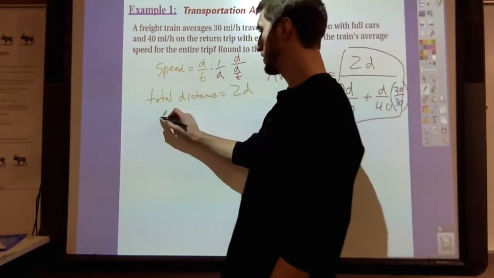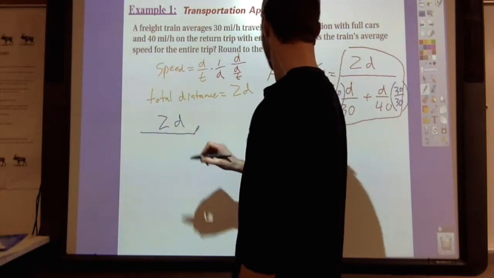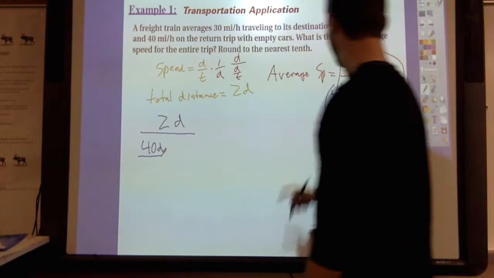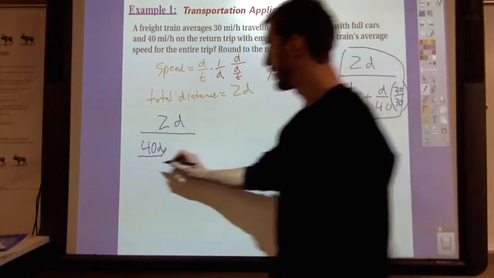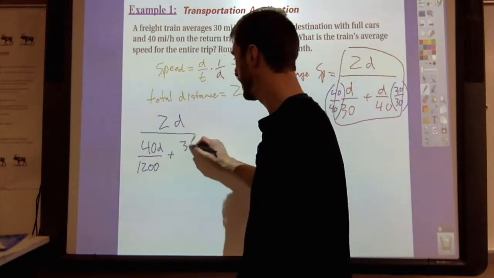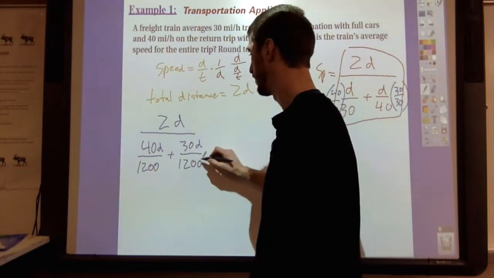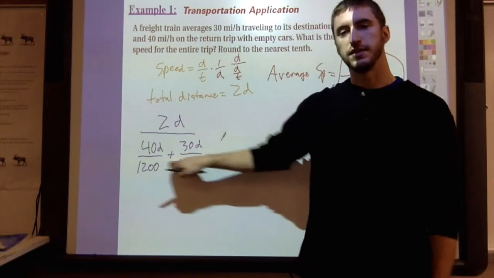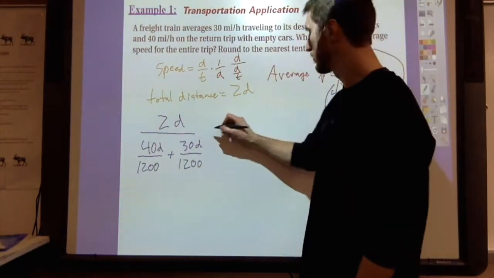So we've got the average speed is 2d over 40d over 40 times 30 is 1,200 plus 30d over 1,200. And now these fractions have the same denominator, so we can just add them.